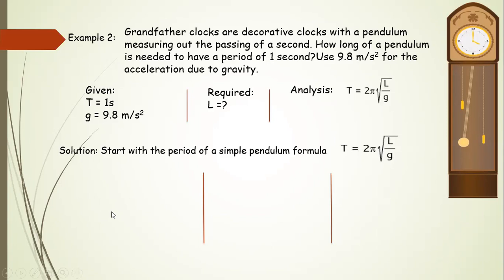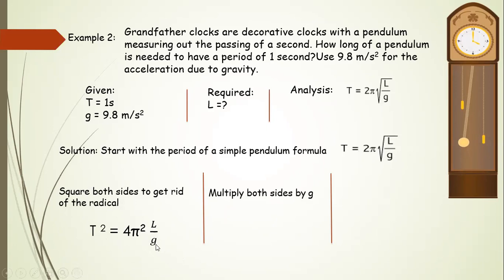Now how have I isolated L, or made L the subject of the formula? First, taking this formula, I square both sides to get rid of the radical sign. This appears like this: T square is equal to the square of 2, which is 4, and pi square L by g. Next, because I have to isolate L, I multiply by g on both sides.